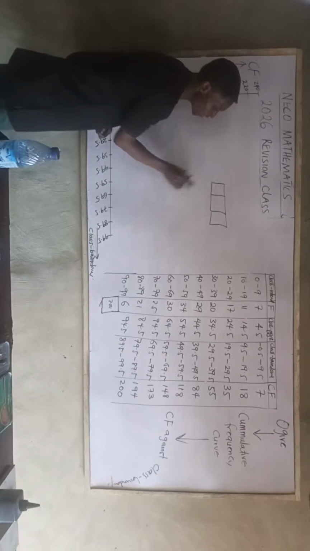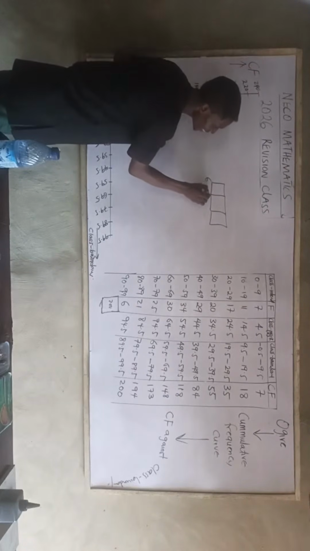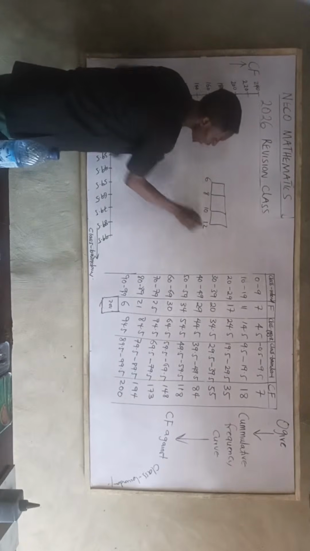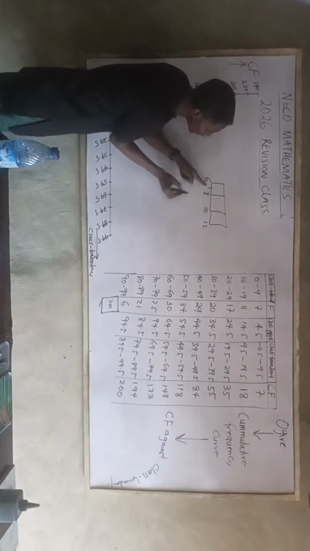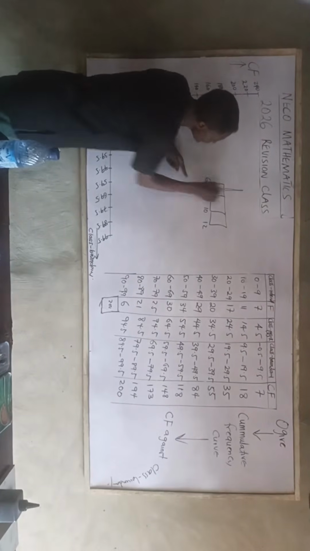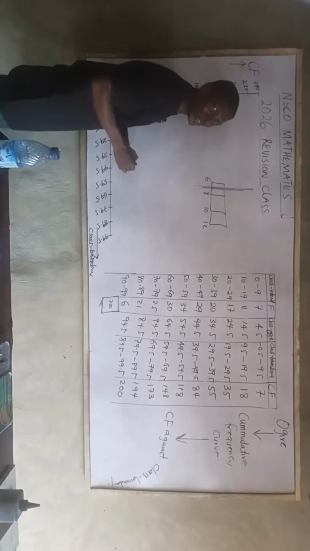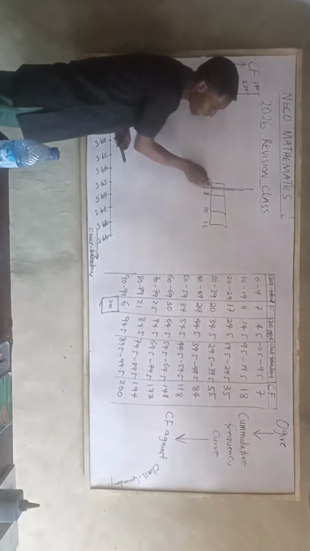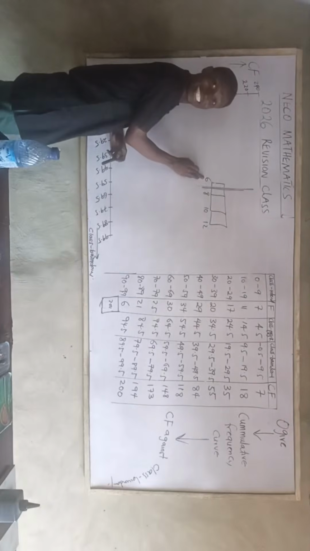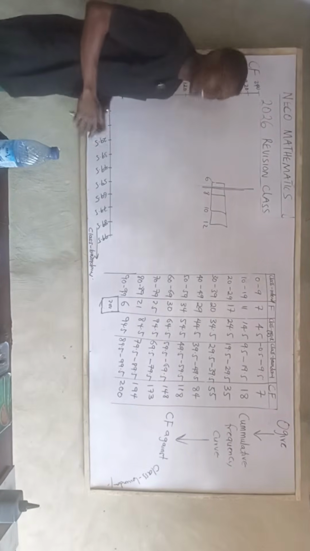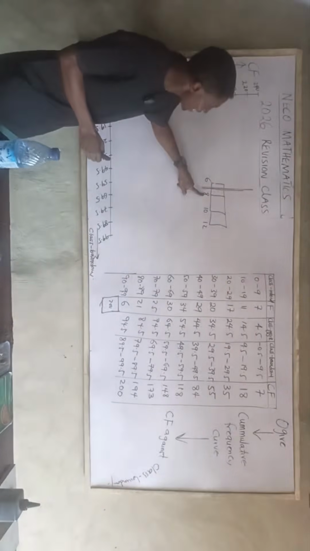Let's assume these are the tiny boxes: 6, 8, 10, 12. 7 cannot be marked. 7 would have been in between here, and there is no space in between an empty box. So you cannot mark an empty space. You either count it up to 8 or you bring it down to 6. Did you get that now?